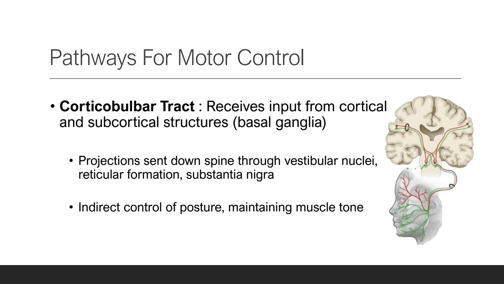So many nuclei in the brainstem, including the vestibular nuclei, including reticular formation, the substantia nigra, all these regions send direct projections down the spinal cord.